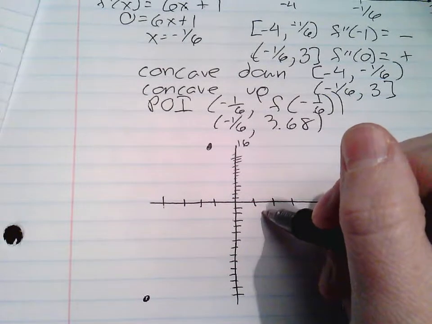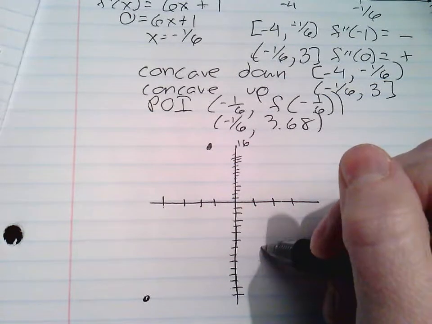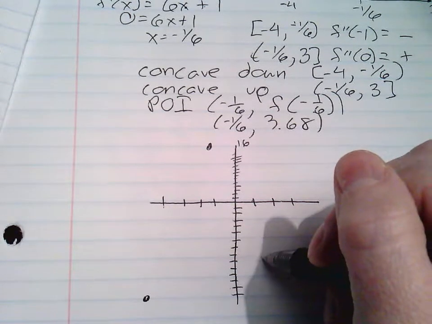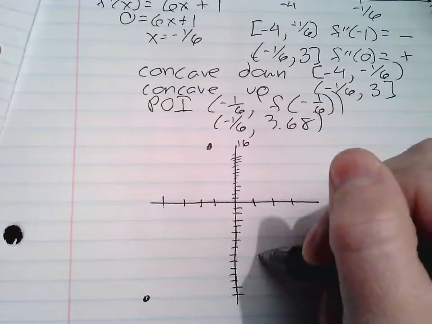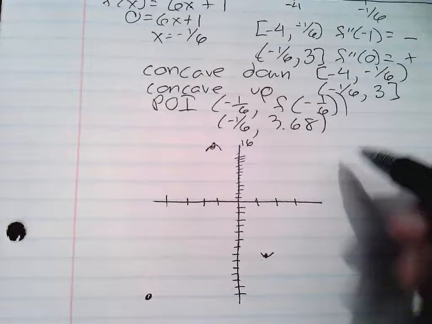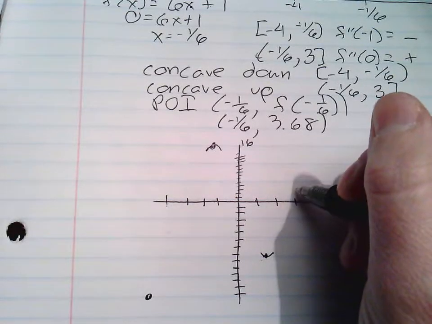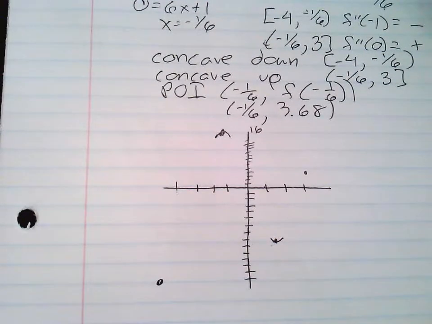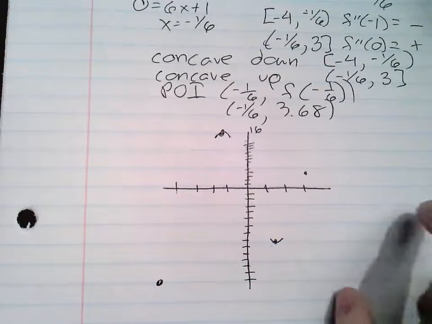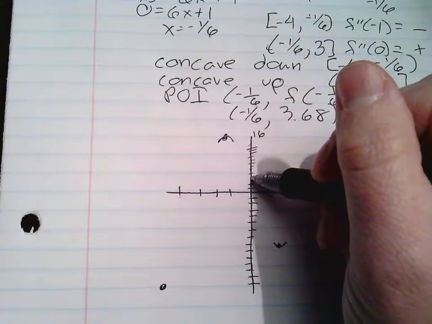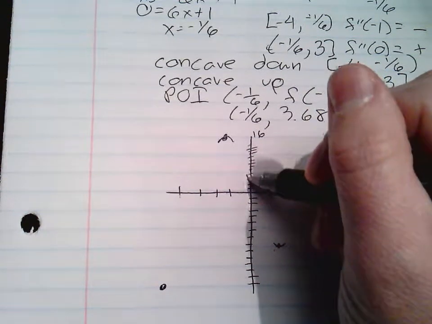And then 3, 3.5. Okay, and then it's changing concavity about here, at 3.67.